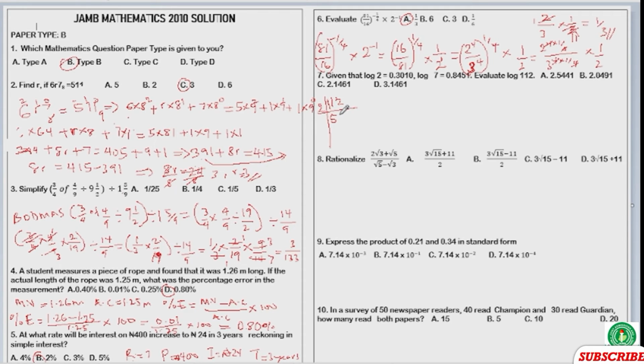So 2 in 12 is 6. So 56. So 2 can also go: 2 in 56 is 28. 2 again in 28 we have 14. 2 again in 14 we have 7. Then the last one here, 7, gives 1.